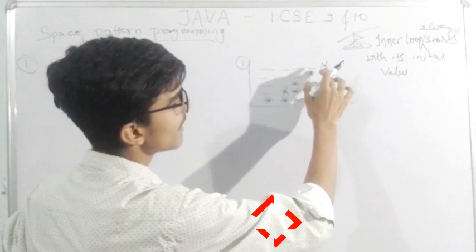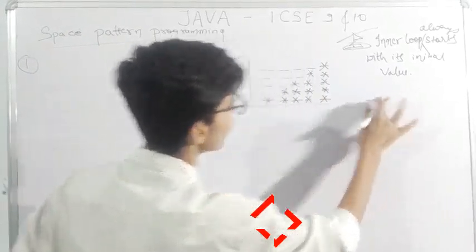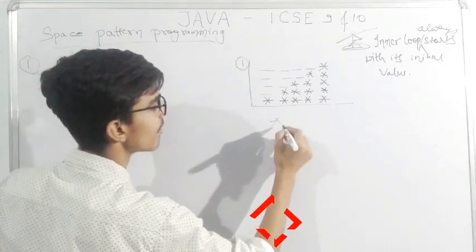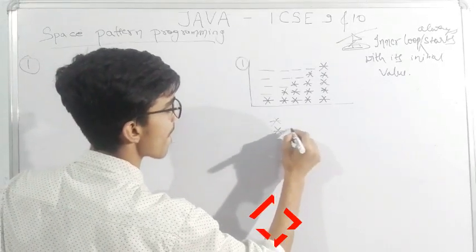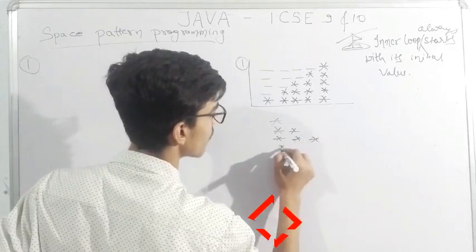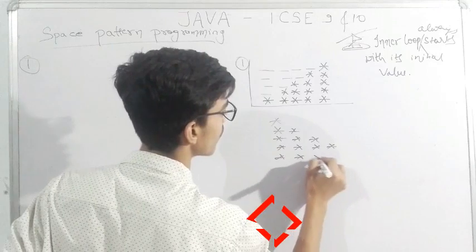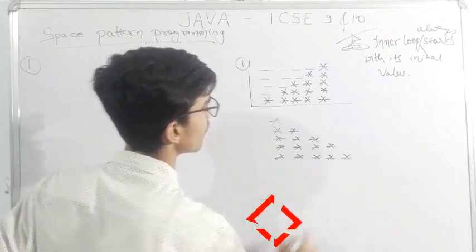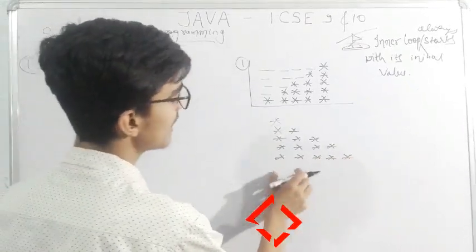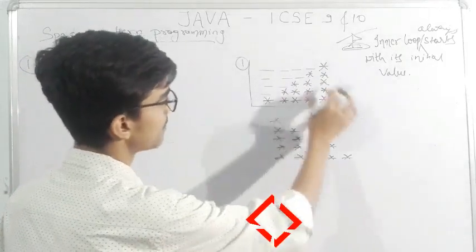And on this side, if we see, the program is like this, but there is only a difference of the space.